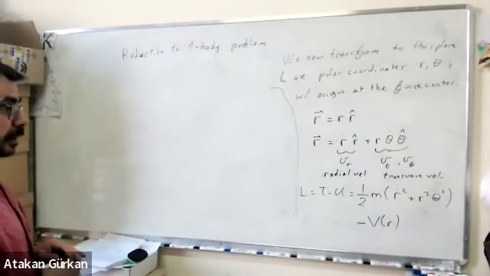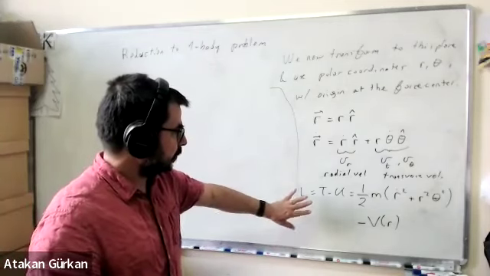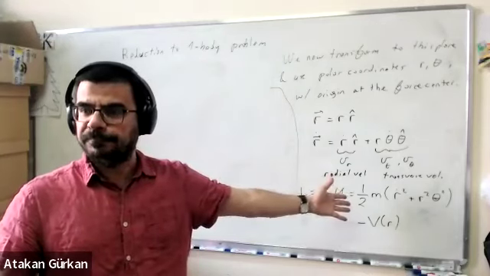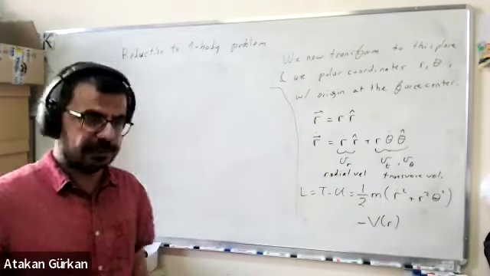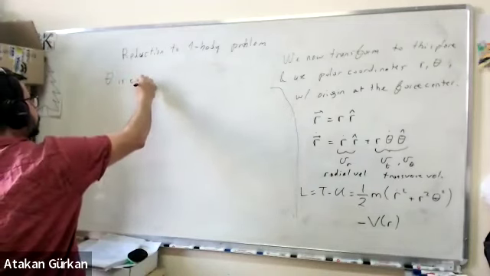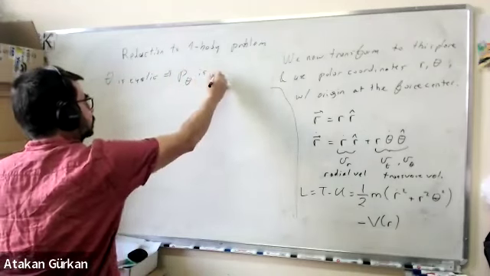Okay, but yeah, so it should now hopefully be clear why we switch to polar coordinates. When you look at this, theta is cyclic. Theta dot appears in the expression, theta itself doesn't. So theta is cyclic, which means the conjugate momentum for theta is conserved.